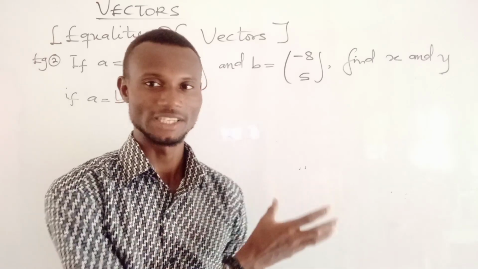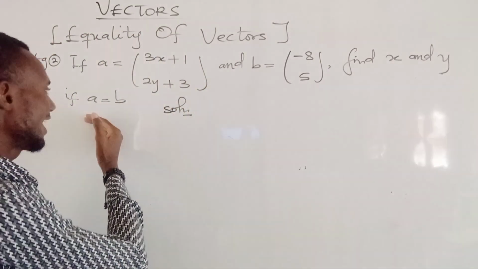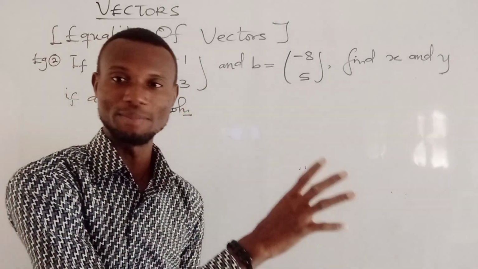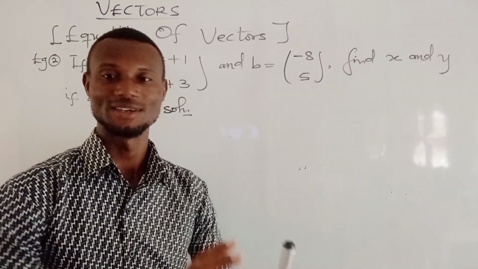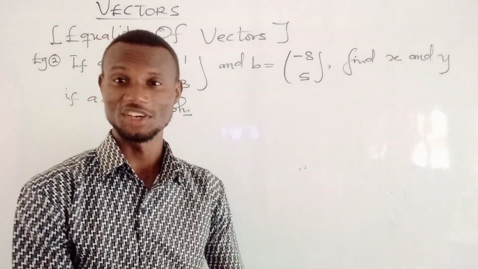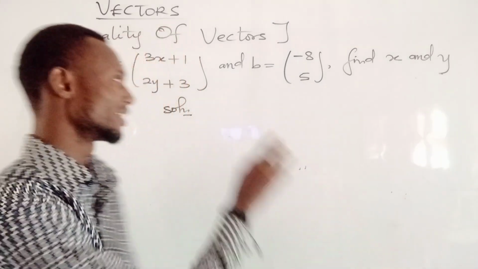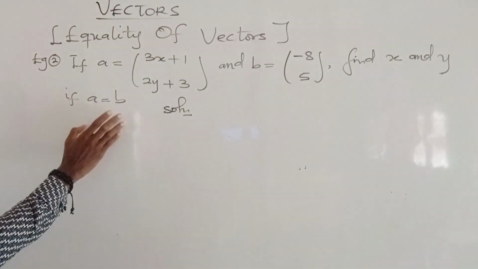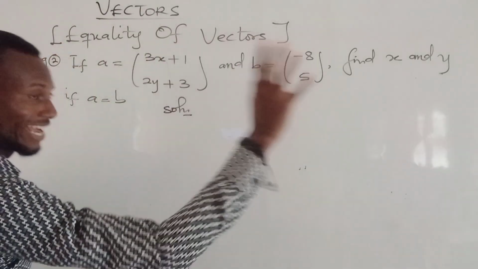So in the question we have that vector A equals vector B, which means we can equate the corresponding components. This is the condition given for us to find the values of x and y.